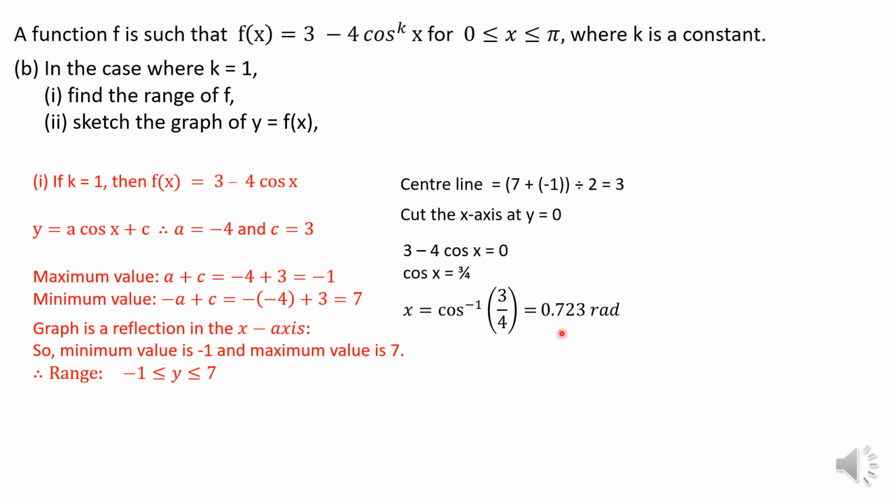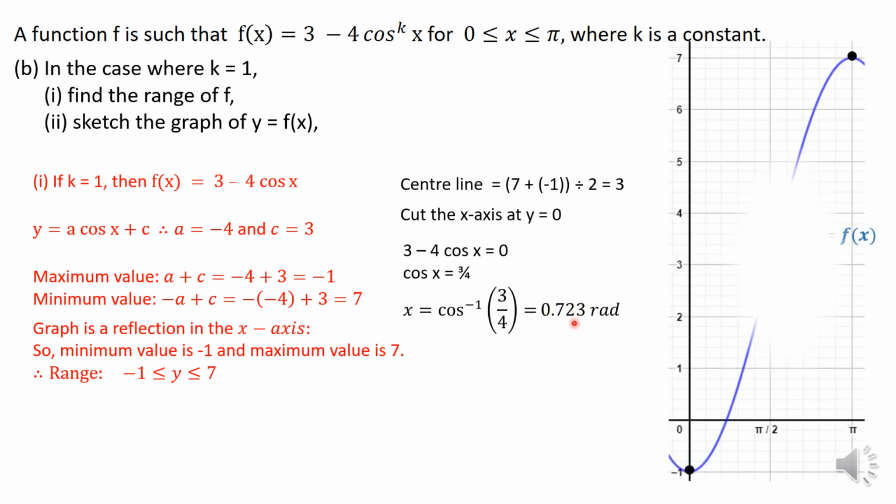I like to do that as well so that I can have a general idea, especially if you want to know how far it should be from half pi radians. Half pi radians is about 1.5 radians if you write it as a decimal. Okay, so my graph looks something like this.